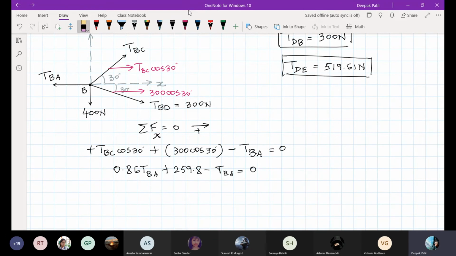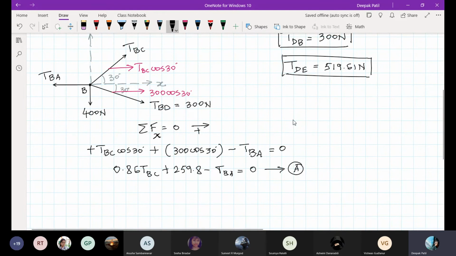Sorry, this is TBC. You can see two unknowns are there here, which you cannot solve. So I will keep it as equation A itself. At this point of time, let me keep it as equation A.